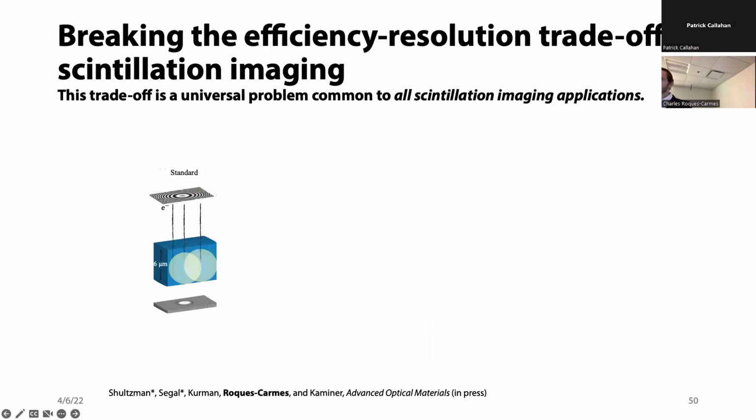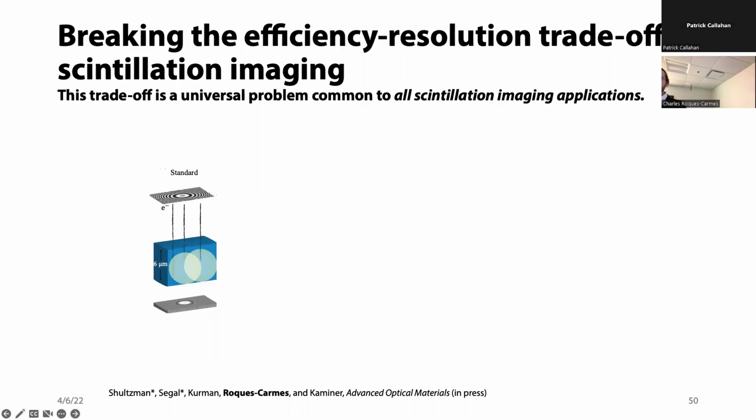So the first work is focused on breaking a very important trade-off in scintillation imaging, which is universal. It's shared by the radiologists and the people who do cosmic ray detection. When you have a scintillator and you want efficient detection, the first reflex is just to make it thick, because it's going to absorb more of the incoming radiation, typically with a Beer-Lambert law.